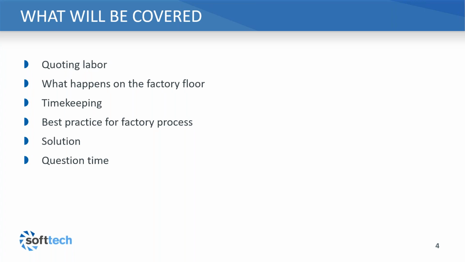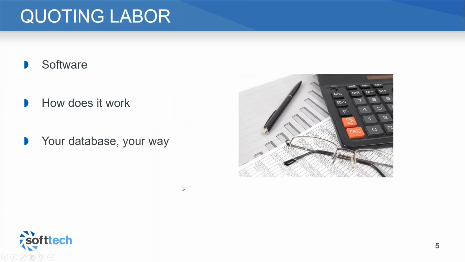So quoting your labour. Now, software is a wonderful thing. At the end of the day, software is only as good as the information you put in it, and software will only put out what you want it to do.